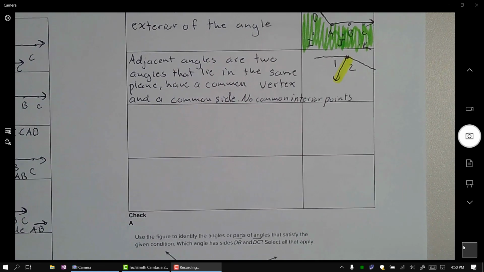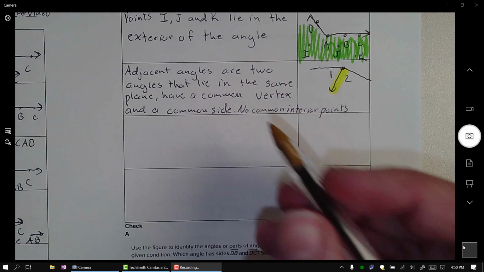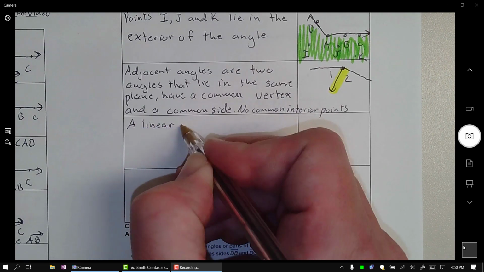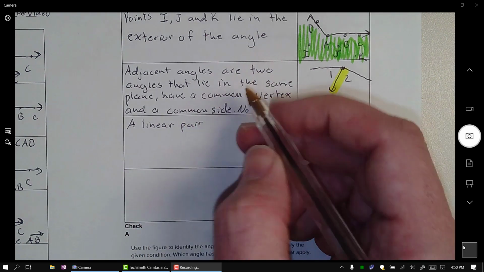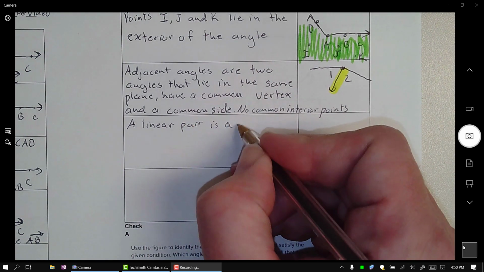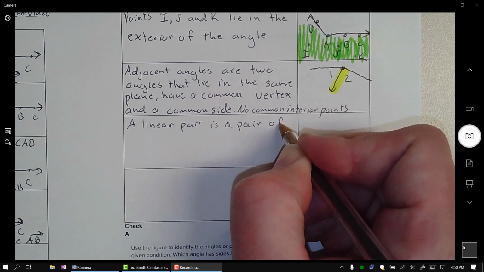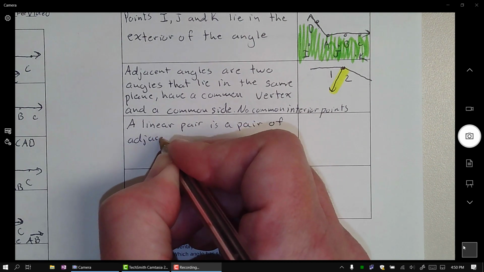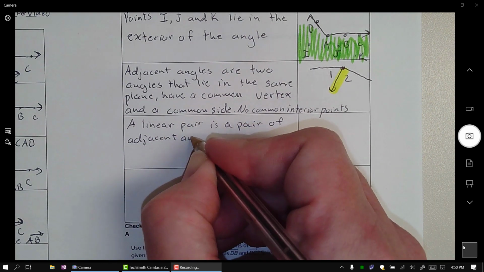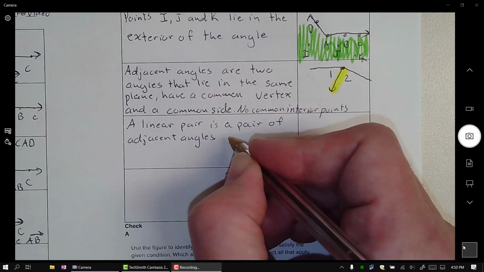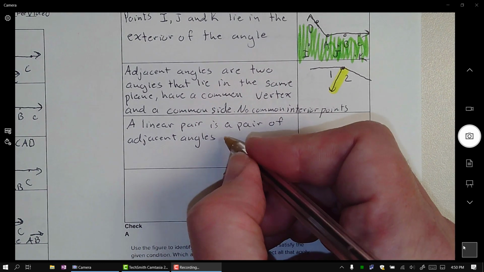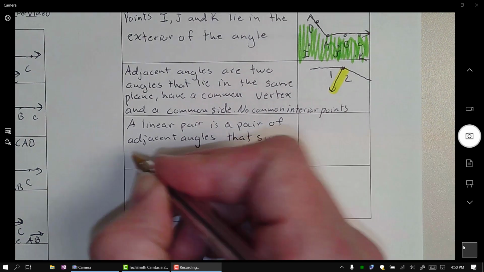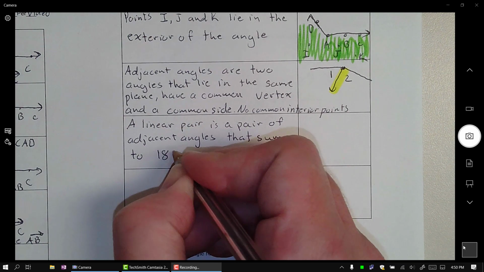Our next idea that we're going to look at is called a linear pair. A linear pair is a pair of adjacent angles that sum to 180 degrees.